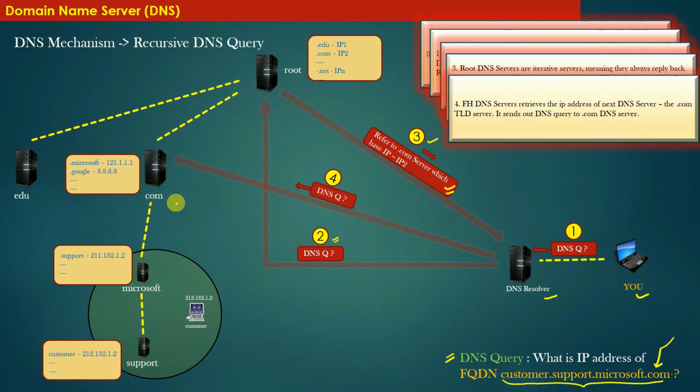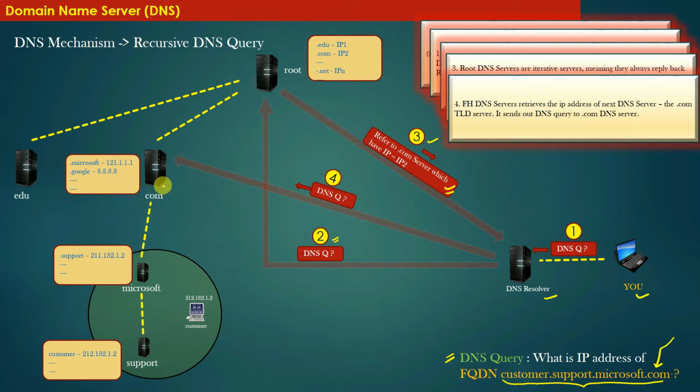Now the same thing happens on the .com top level domain name server. It actually does not know the IP address which corresponds to the fully qualified domain name customer.support.microsoft.com. Right? You can see in the DNS database of the .com top level domain name server, there is no such entry.